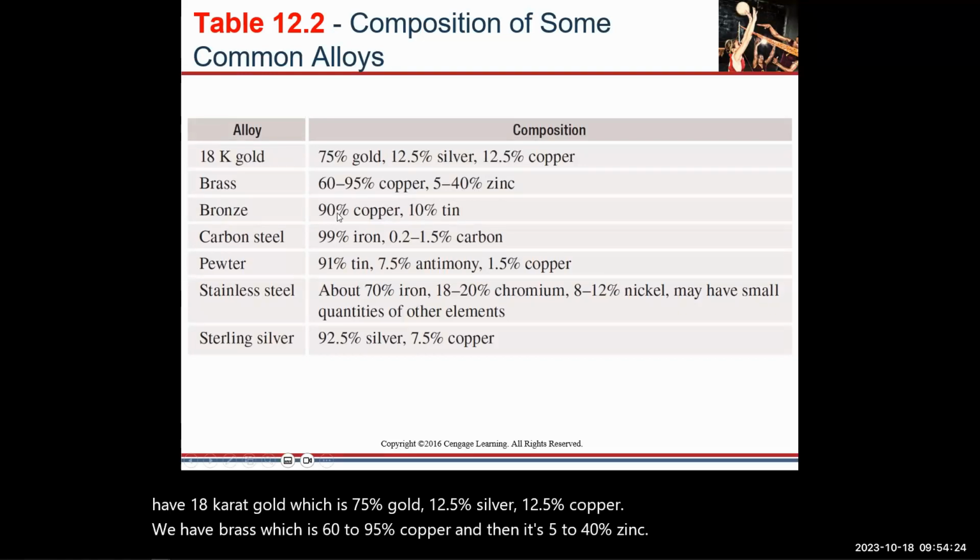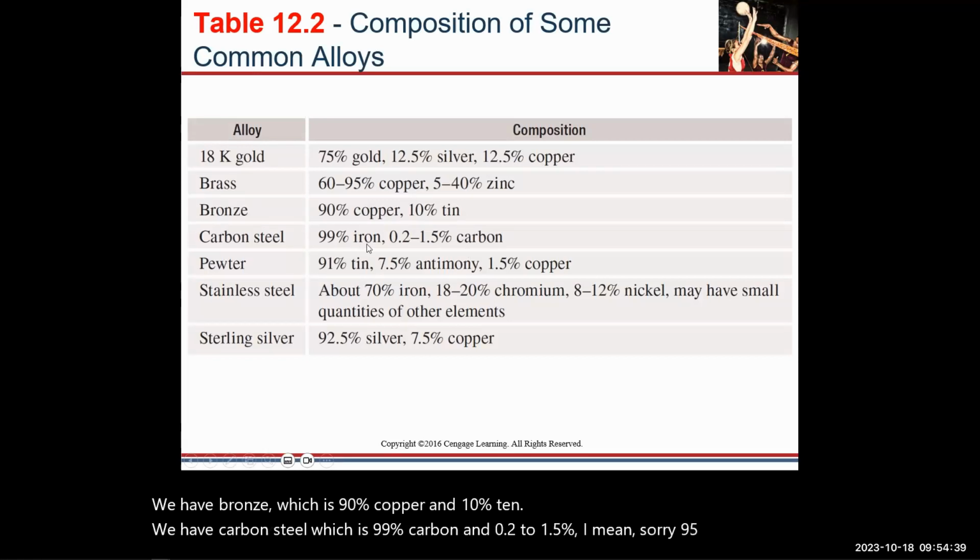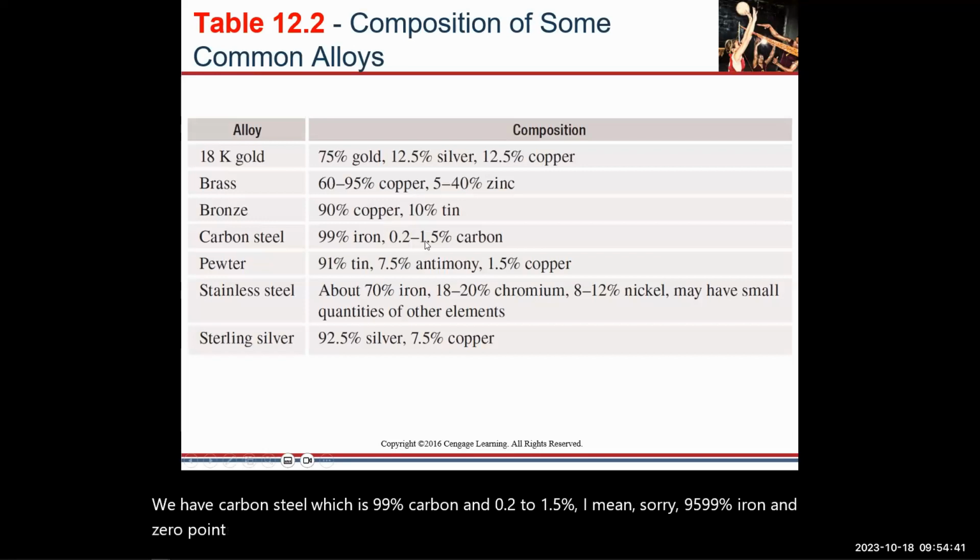We have bronze, which is 90% copper and 10% tin. We have carbon steel, which is 99% iron and 0.02 to 9.5% carbon.